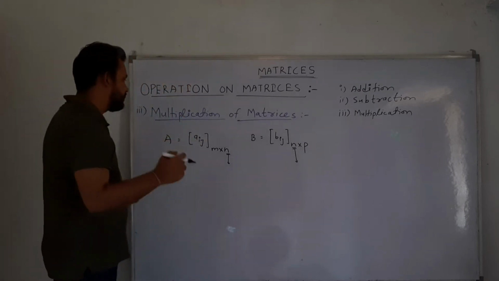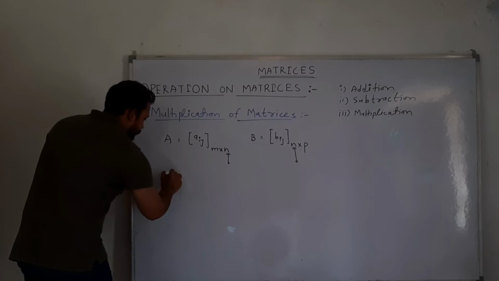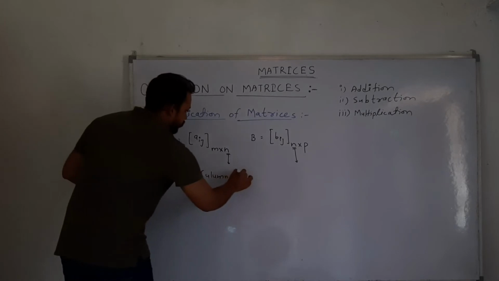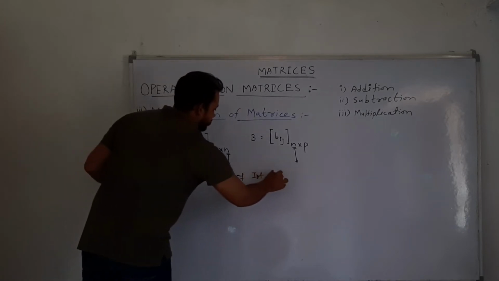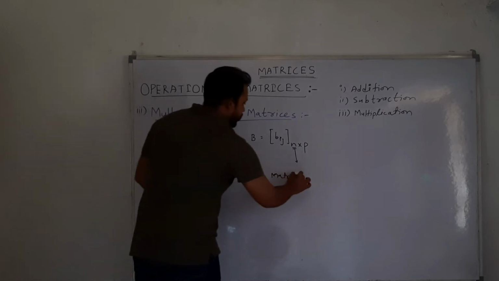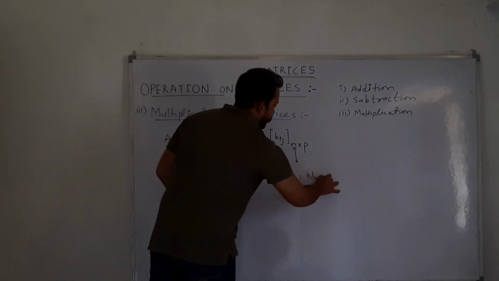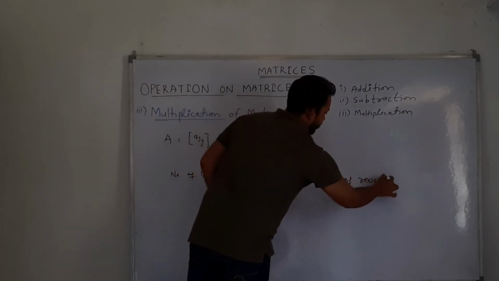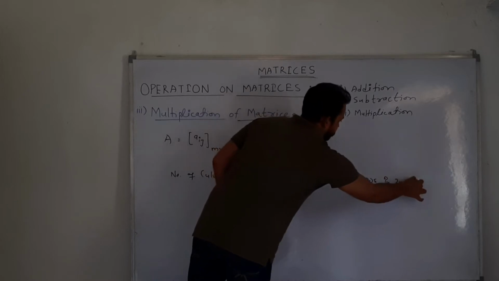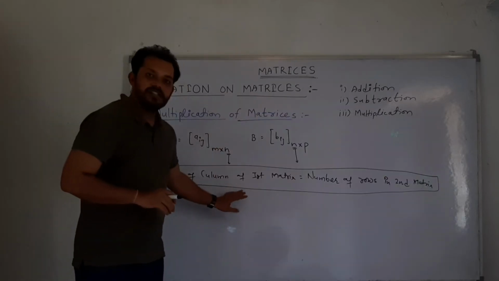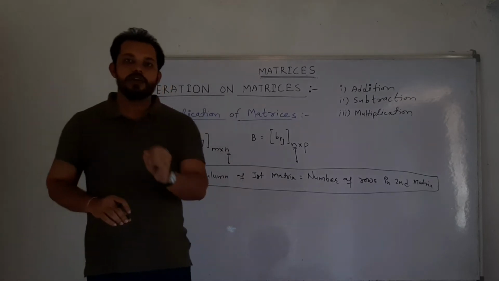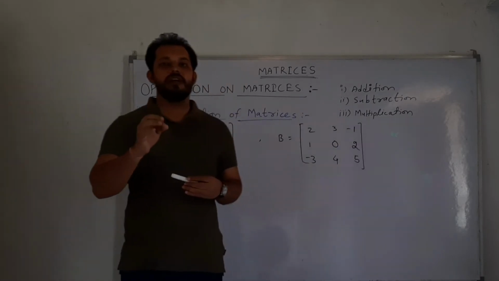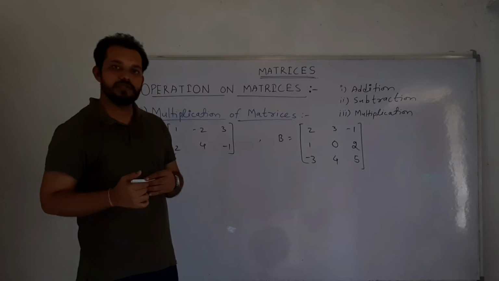That means the number of columns of the first matrix is equal to the number of rows in the second matrix. So this is the only necessary criterion to perform multiplication of two matrices. So let's learn how to multiply two matrices.